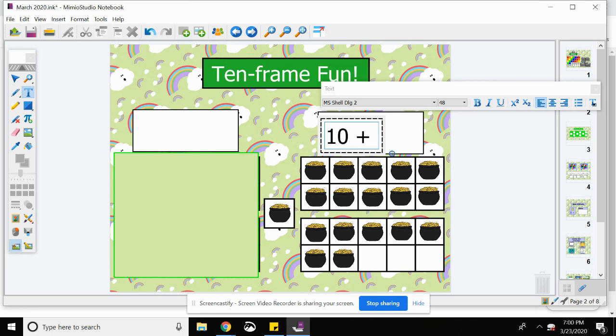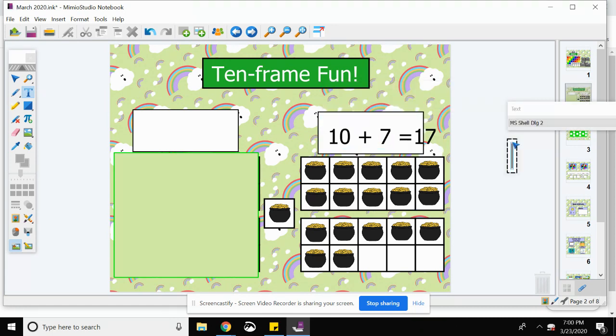Now I'm going to count on 10, 11, 12, 13, 14, 15, 16, 17. So I know that 17 is 10 plus 7 equals 17. There's my answer. 10 plus 7 equals 17.